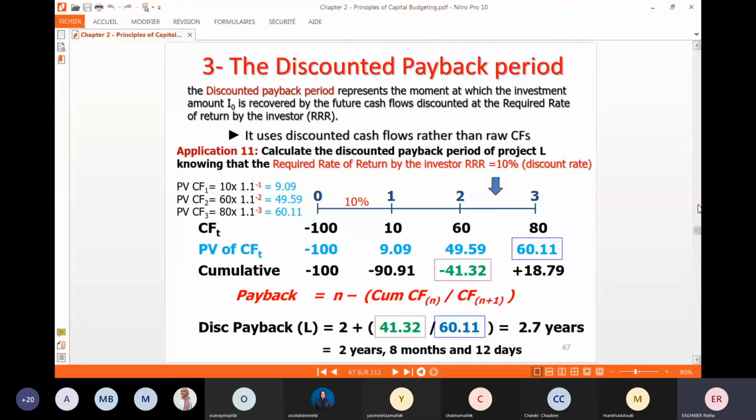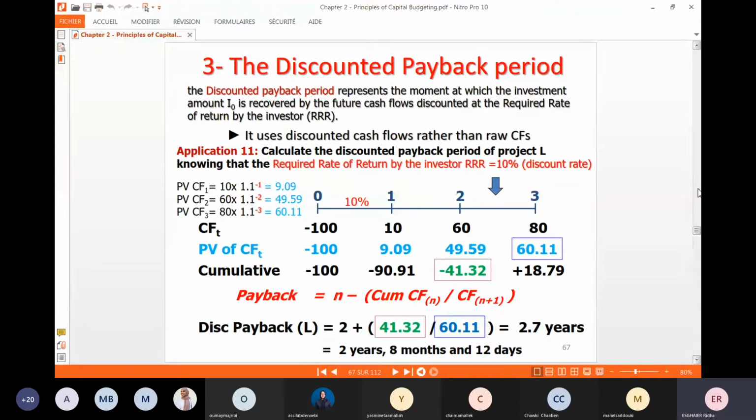Both projects will allow you to recover your initial investment after 2.7 years. But the second project will generate for you a fourth cash flow of 100, whereas the first project has no cash flow 4, 0 at the date 4.